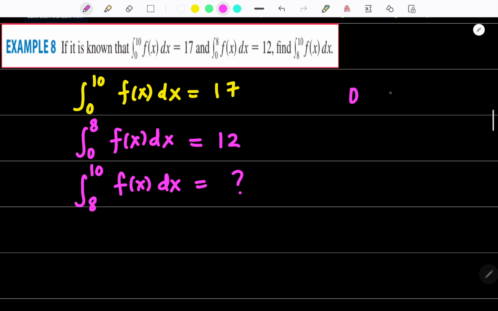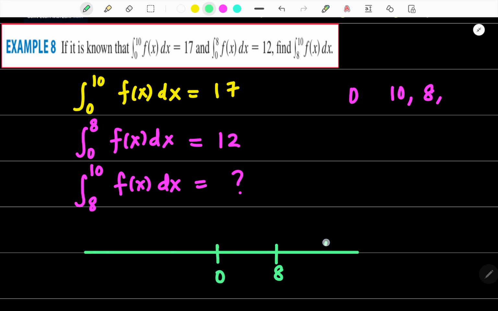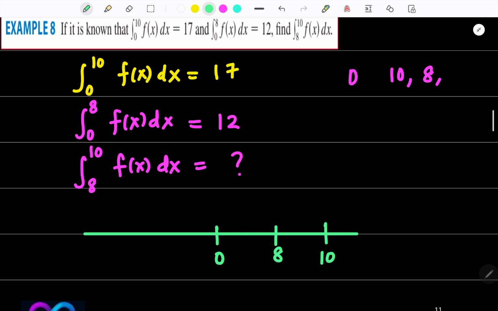What are the numbers? 0, 10, 8. That's it. So let me draw the picture now. Easy to draw. Let me write 0, 8, then 10. So 0 to 10 is 17, right? And then 0 to 8 is 12.